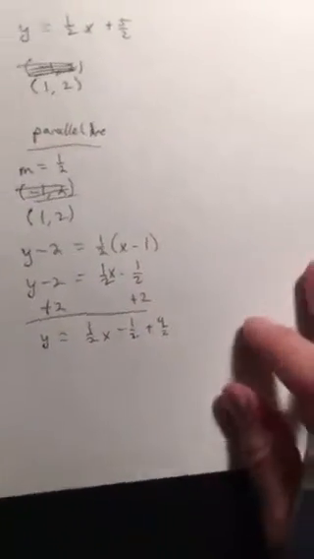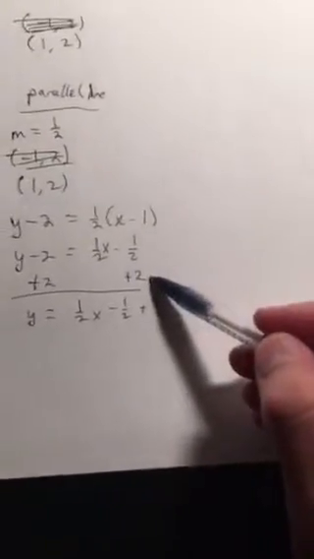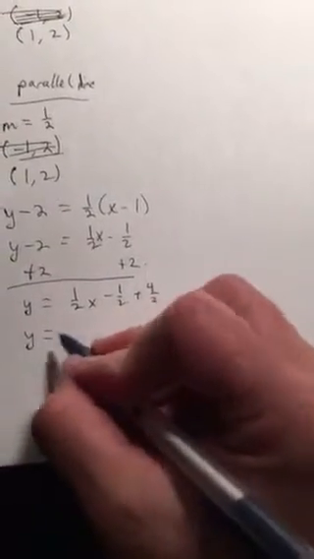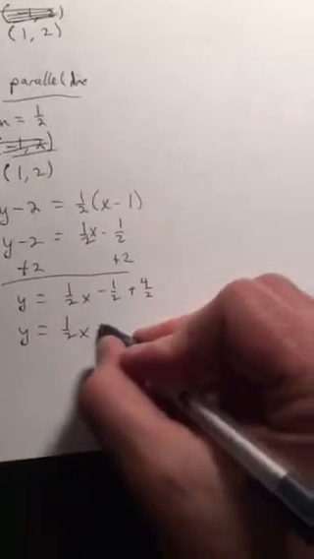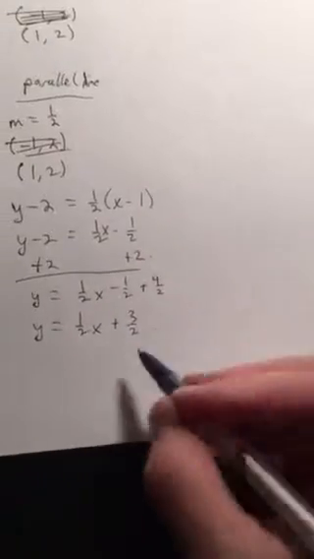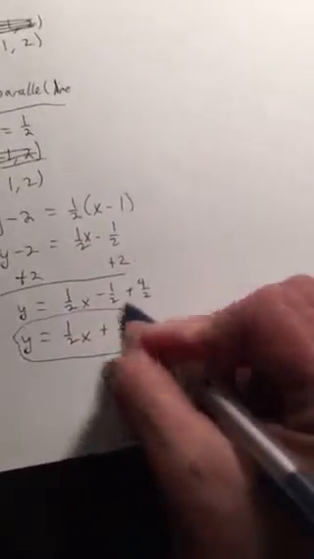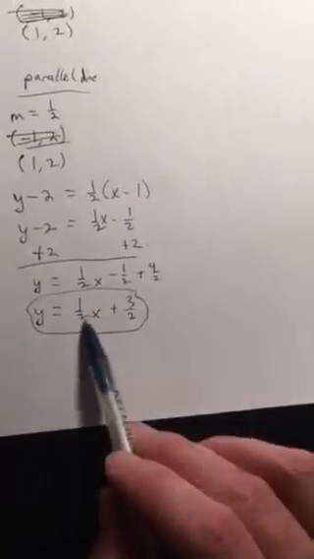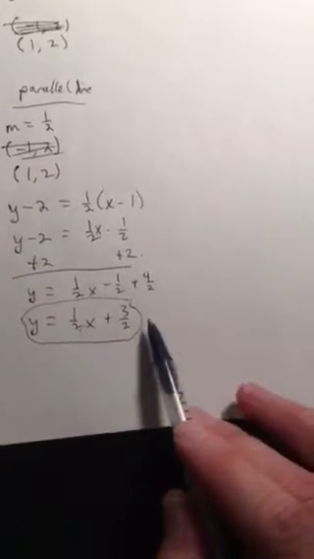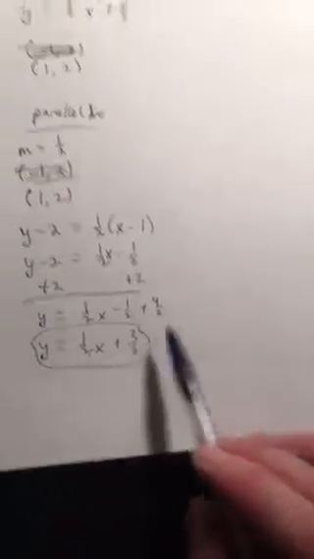As before, I'm getting a common denominator to be able to add like terms on the right. And here we have a line that is parallel because it has the same slope of 1/2, but now the intercept is different, positive 3/2 instead of positive 5/2.